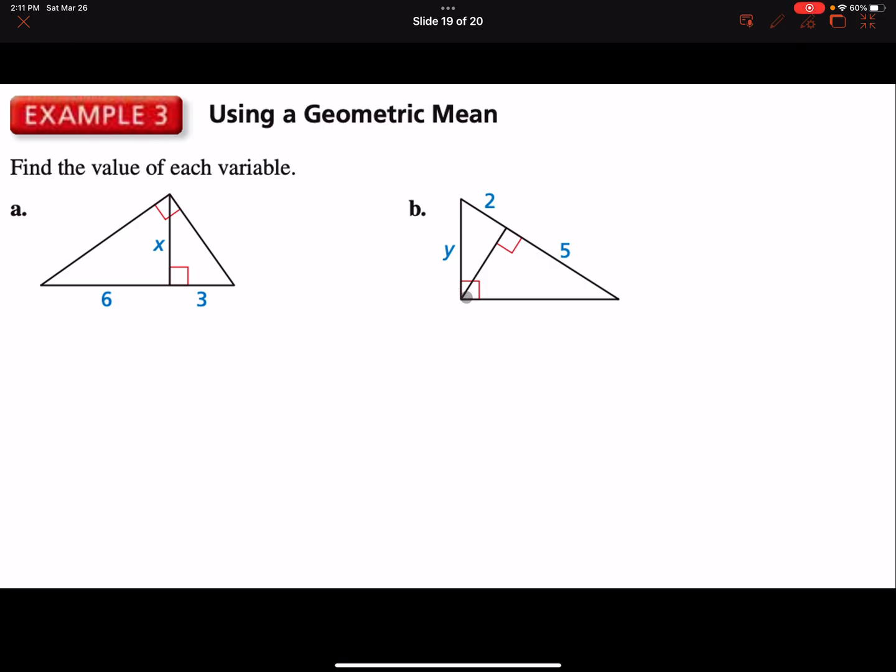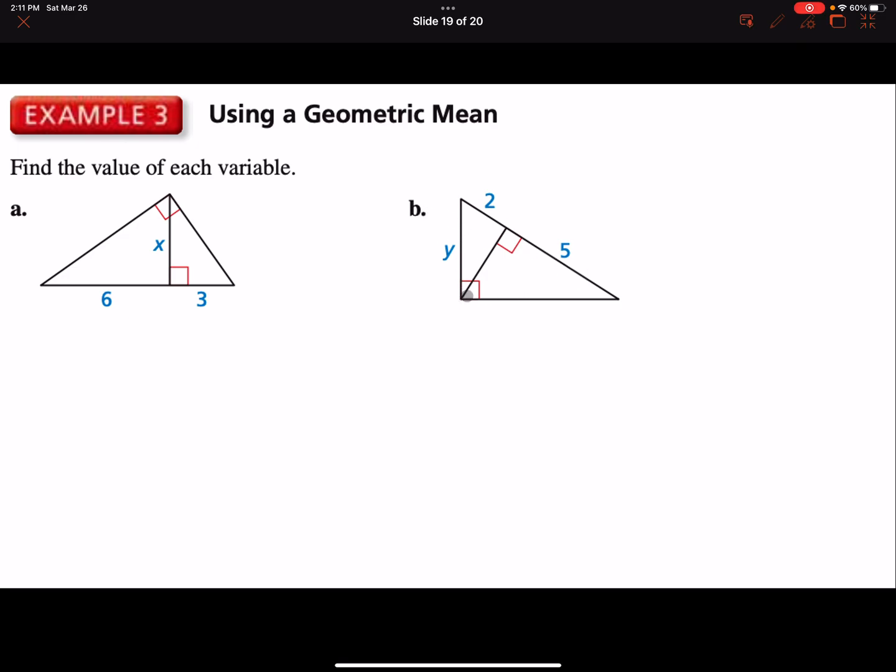Now, notice how I want to find the smaller leg of the large triangle. The altitude breaks up the hypotenuse into 2 and another segment of 5, meaning that the whole hypotenuse is 7.